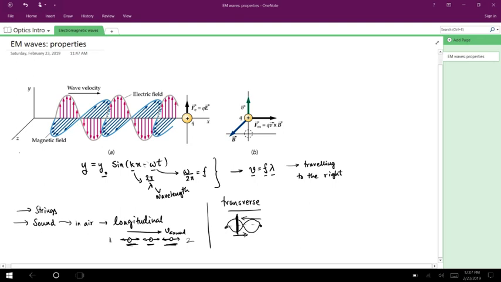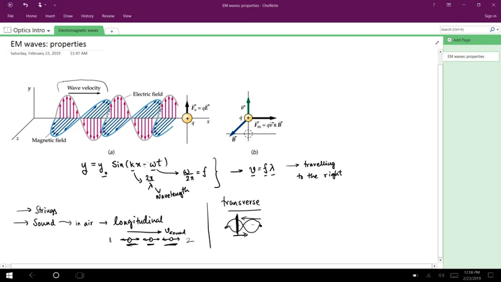In this picture over here, there is a light wave that is moving from left to right. The direction of the wave velocity is shown in this part over here. And these pink arrows represent a sinusoidal oscillation of an electric field, and the blue arrows show the sinusoidal oscillations of a magnetic field.